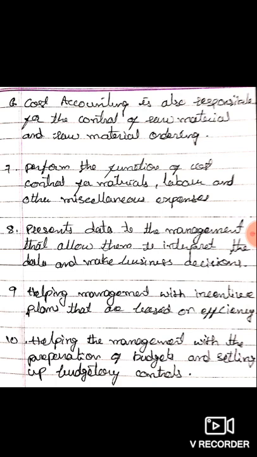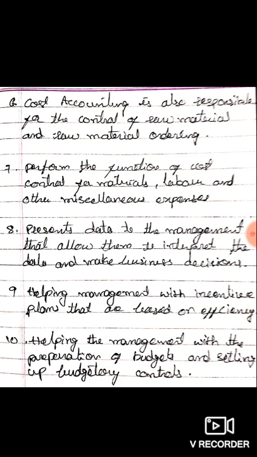And the next function is helping management with incentive plans that are based on efficiency. Here labor efficiency is calculated and measured with different methods, so the incentive plans can also be prescribed and analyzed with the cost accounting system.